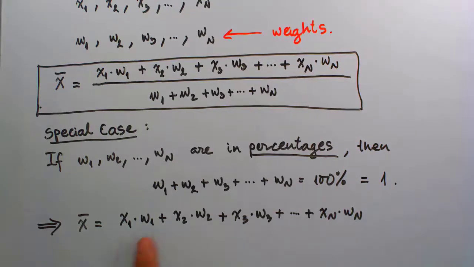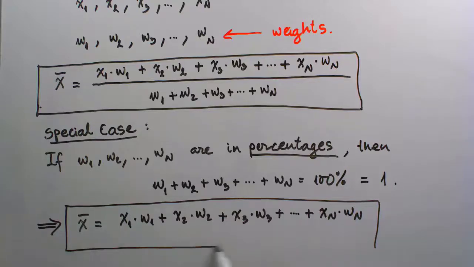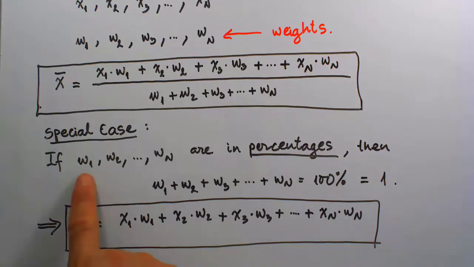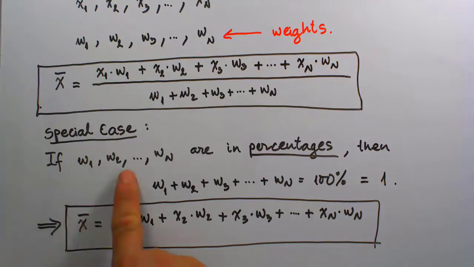And the denominator, which is the total of all these weights together, is 100% or 1. So here we can skip the denominator because it's 1. But keep in mind, this formula is only used when these weights are in percentages.